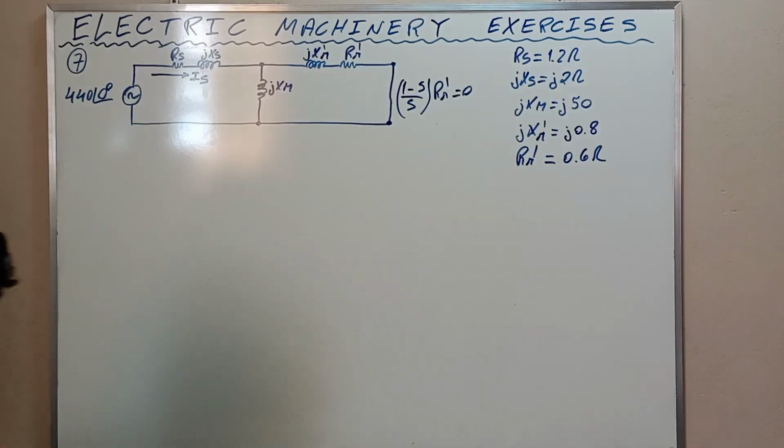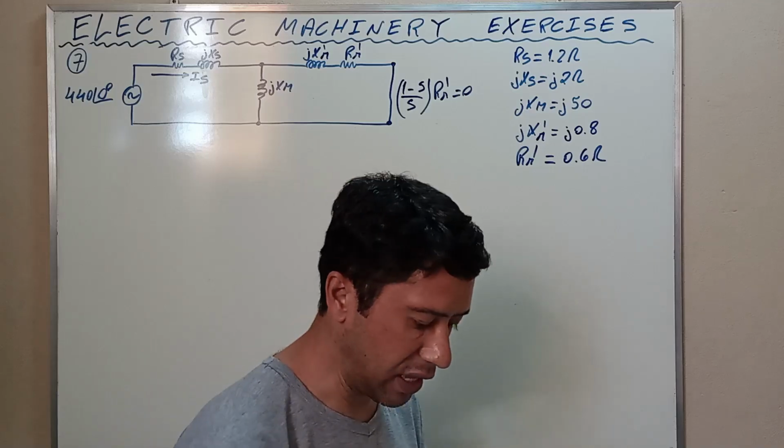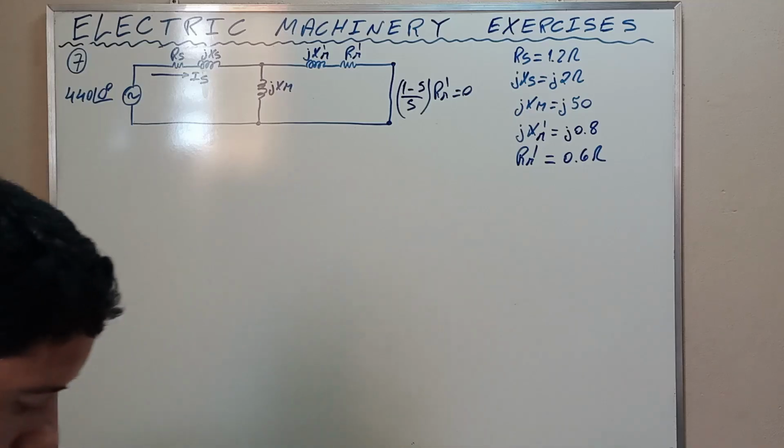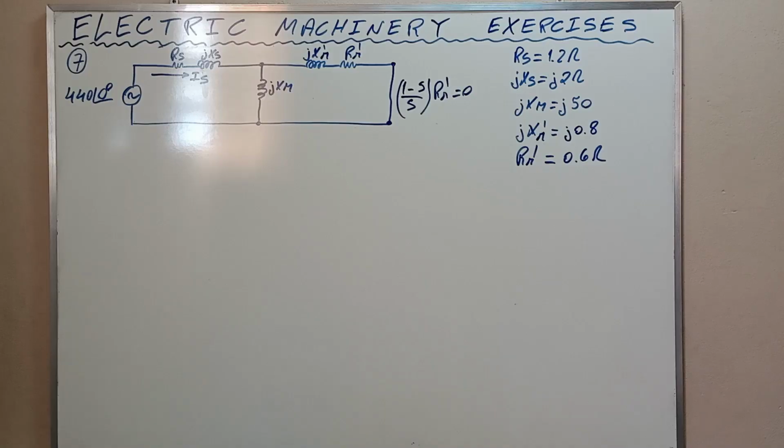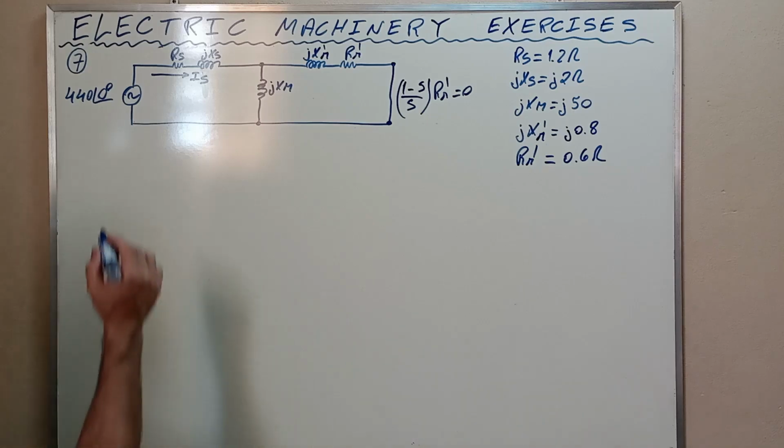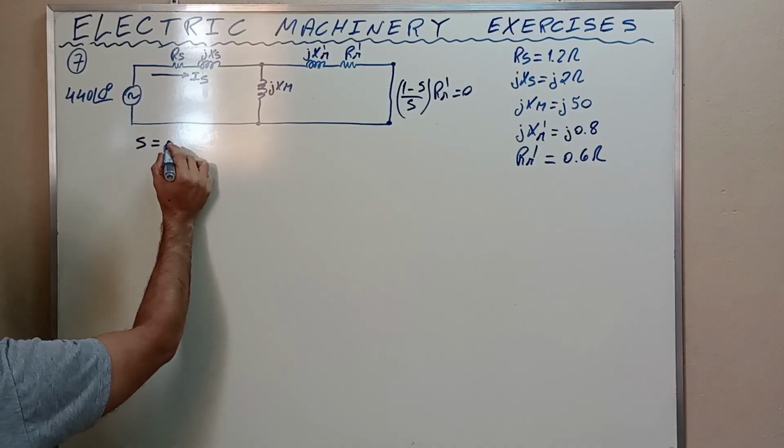Exercise number 7: the starting current and torque of an induction motor. The exercise wants us to calculate the starting line current and torque for the motor of the previous exercise. We are working with the same motor as in exercise 6, but now we pay attention to the starting conditions. For starting from a standstill, the slip is equal to 1.